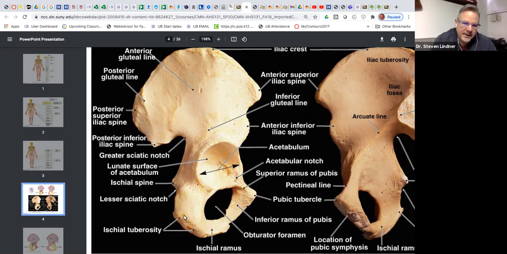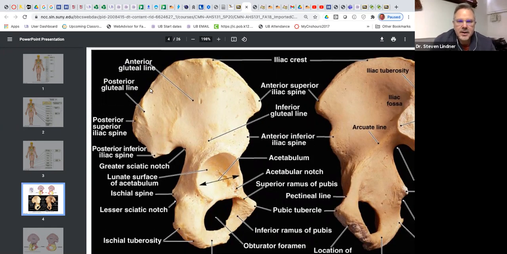Now, what's the significance of the ischial tuberosity? It's really important. The ischial tuberosity, which is part of the ischium, is where your hamstring muscles originate. So your hamstrings originate here. This is why when there's a hamstring pull, people typically grab the back of the buttocks, right? They go, oh, right? That's where it tends to tear or pull off of this bone.